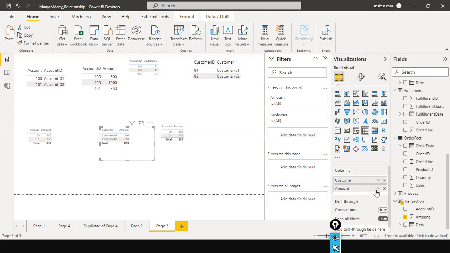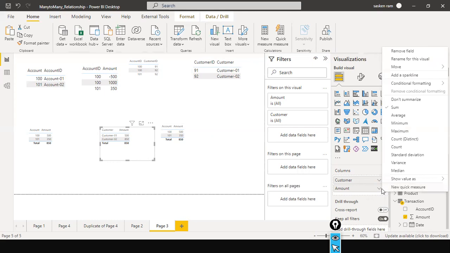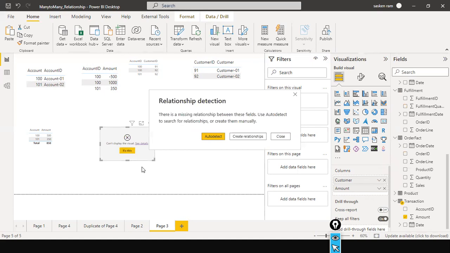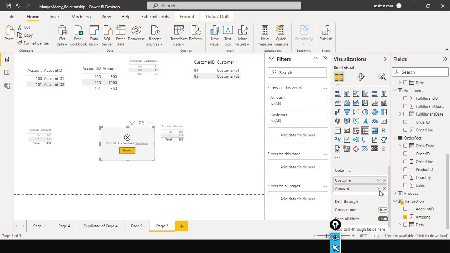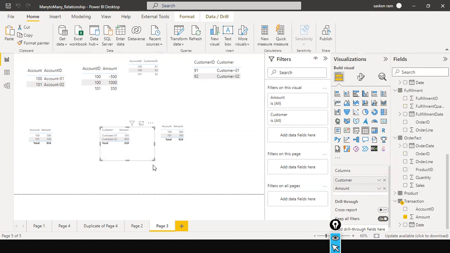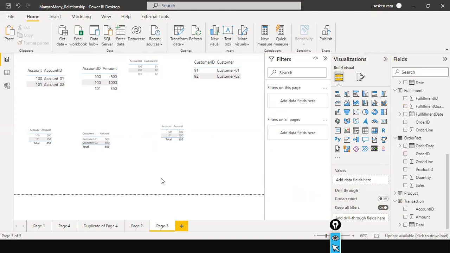This one comes from the customer table. Here I use the sum function. If I don't summarize, it is not showing correctly. It is throwing an error. It is not able to detect the relationship. You have to use sum only here.